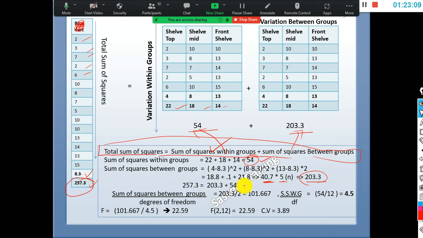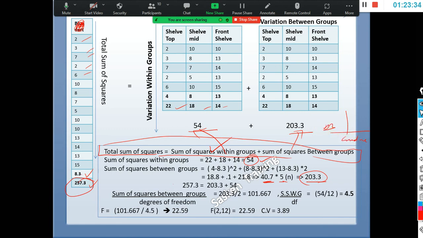Okay. Next, what I should do, you remember the F statistic. Sum of squares between groups divided by sum of squares within groups. This is within groups and this is between groups. Okay, so sum of squares between groups, how far? You remember the image. So this is my grand mean.